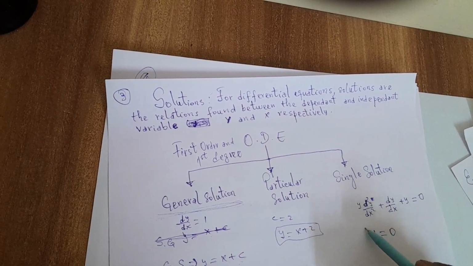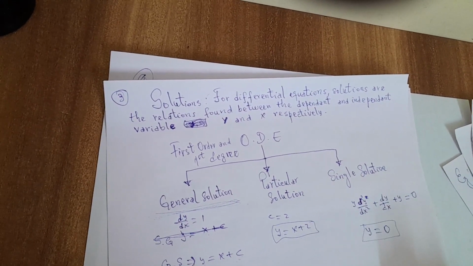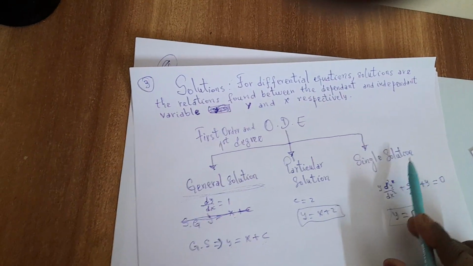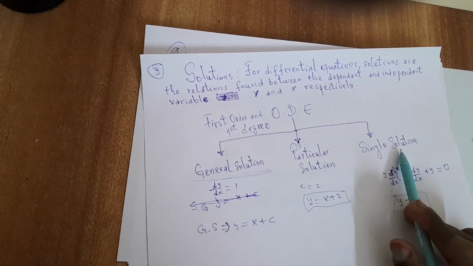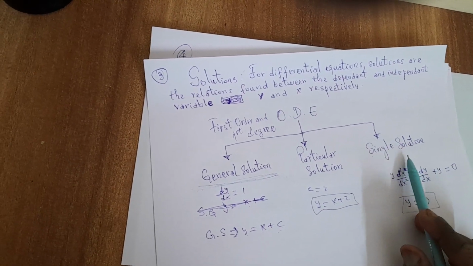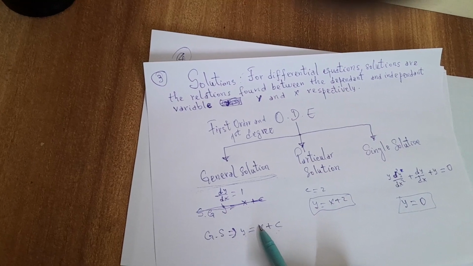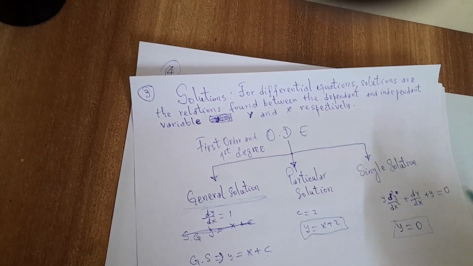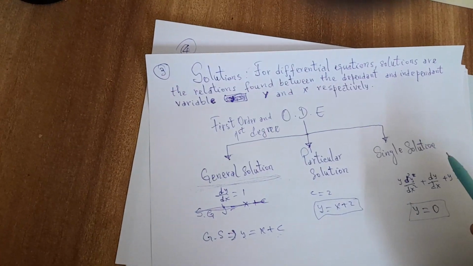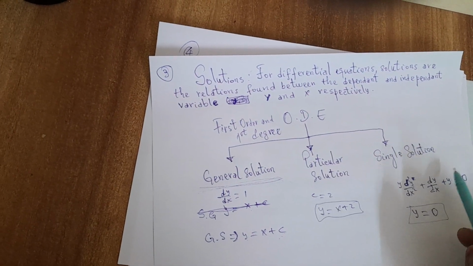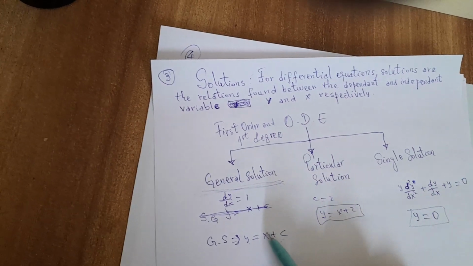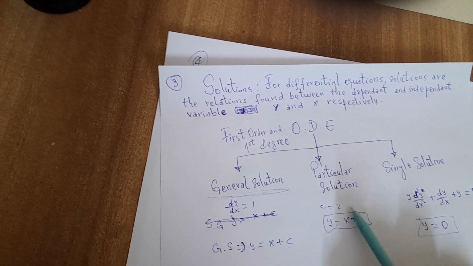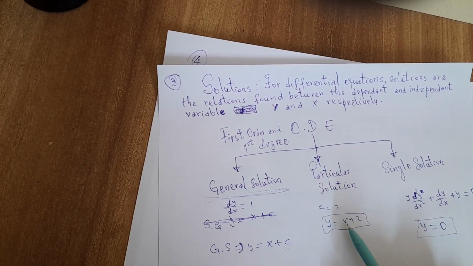And this y equal to 0, to be considered a single solution, must not be contained inside the general solution. So a single solution is a solution that you cannot find in the general solution, or by finding a particular solution.